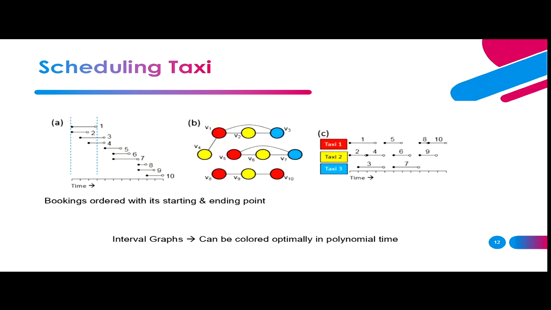Basically 2, 3, and 4 overlap in time. So we make that into a graph. Bookings are vertices, then we add edges between overlapping bookings. So we come up with the second graph. We came up with the colored graph, which is in B. Then for each color, red can be assigned to taxi 1, yellow can be assigned to taxi 2, and blue can be assigned to taxi 3. This is also known as interval graphs.